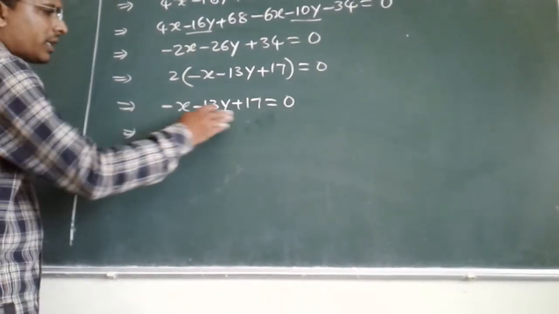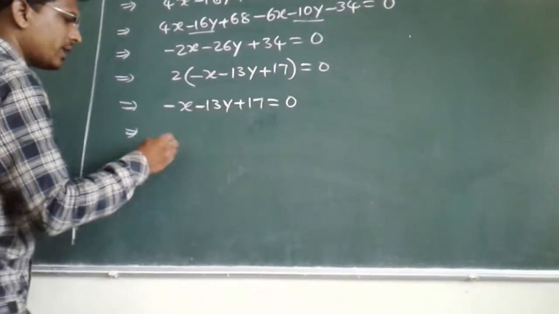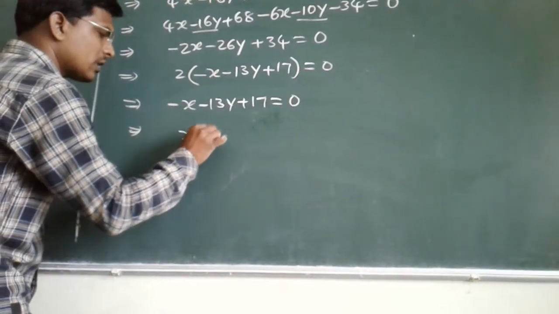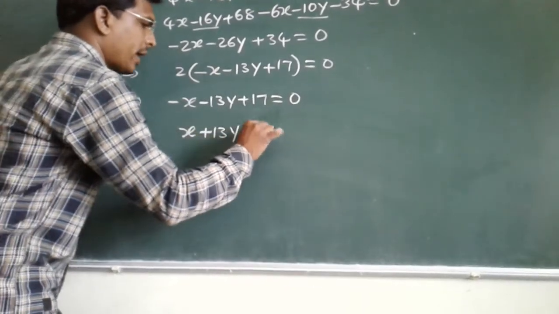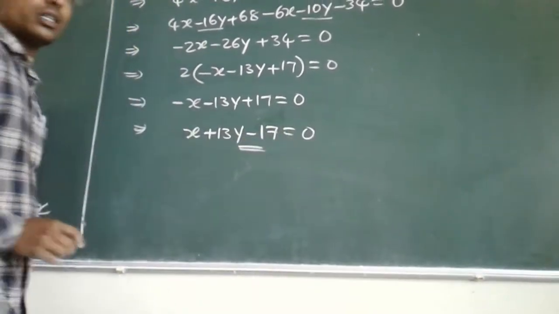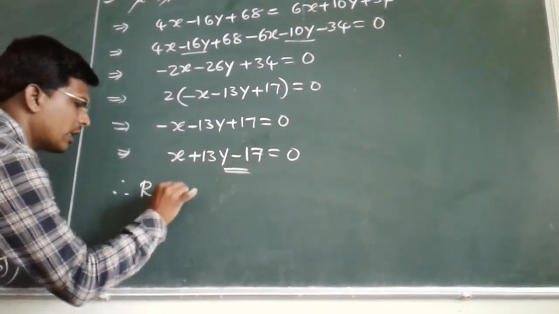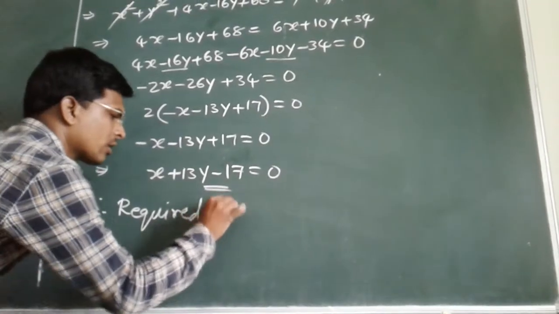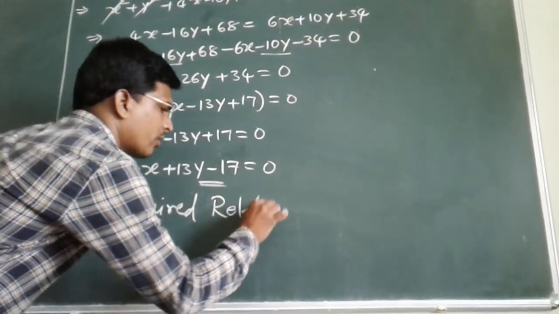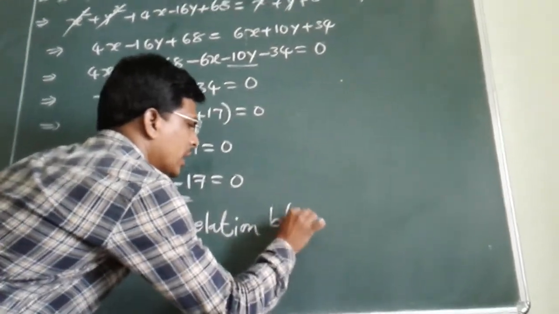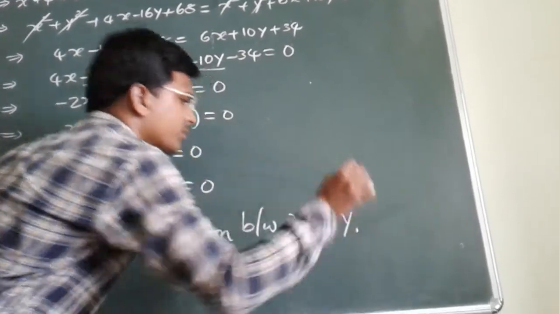Otherwise, take all these terms to the right hand side. You will get plus x plus 13y minus 17 is equal to 0. So this is the required relation between x and y.